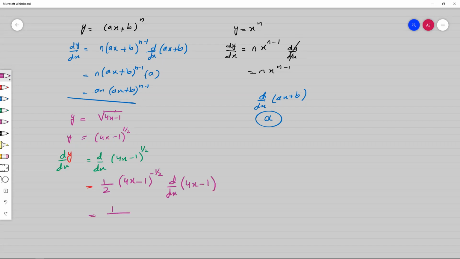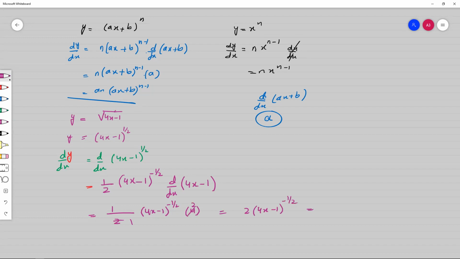So 1 by 2 times 4 is 2, so 2 into (4x minus 1) power minus 1 by 2.